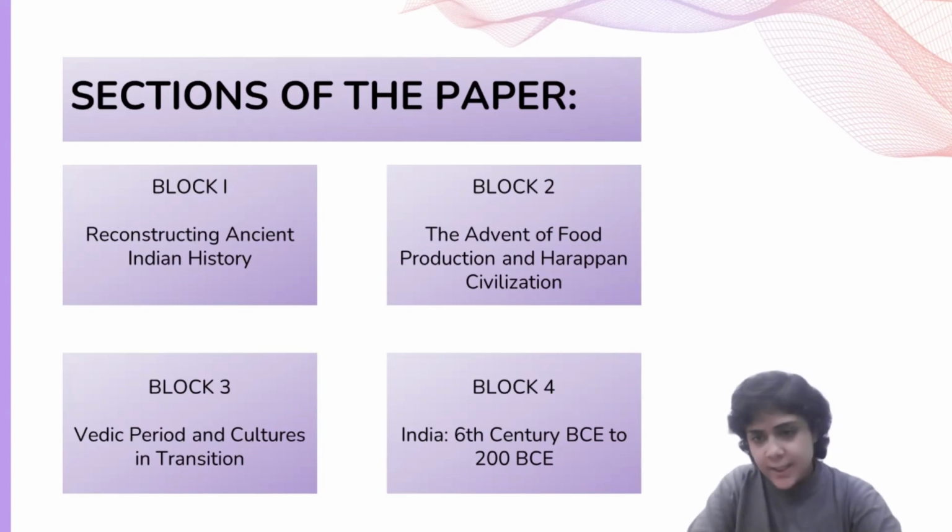Moving on to Block 3, the primary focus will be on the in depth examinations of the cultural landscapes of diverse regions across India, spanning the period from the commencement of the second millennium BCE to the 6th century BCE, providing a nuanced perspective of this era. Finally, Block 4 is dedicated to an in depth exploration of the time frame extending from the 6th century BCE up to the conclusion of the Mauryan period, offering a thorough analysis of the significant historical epoch in India.